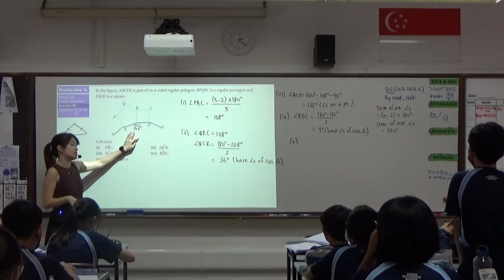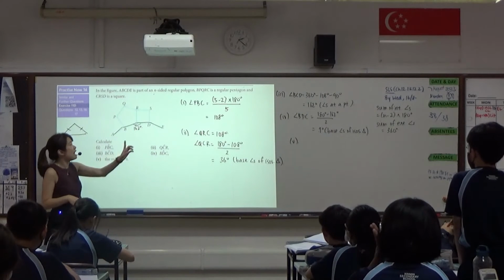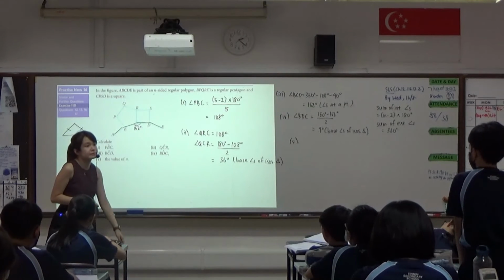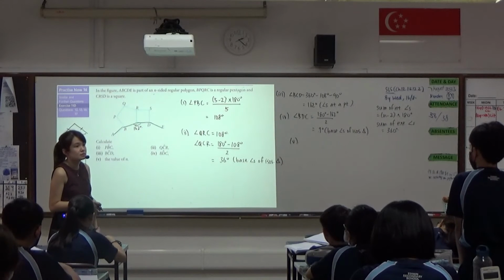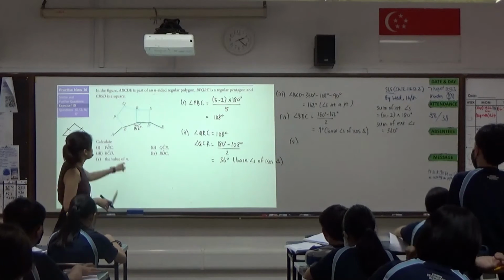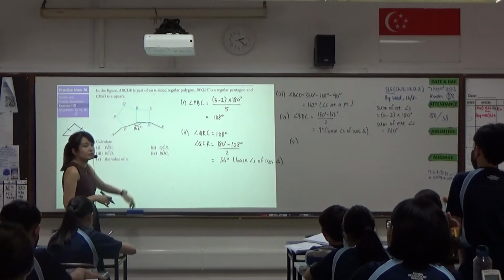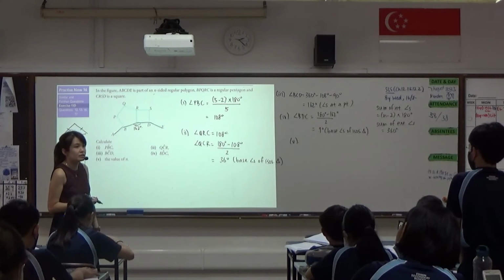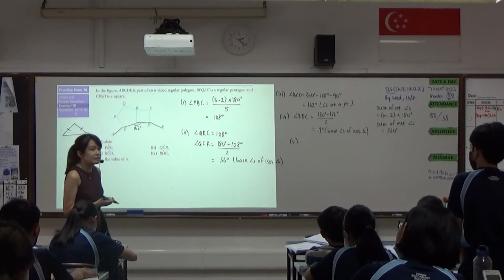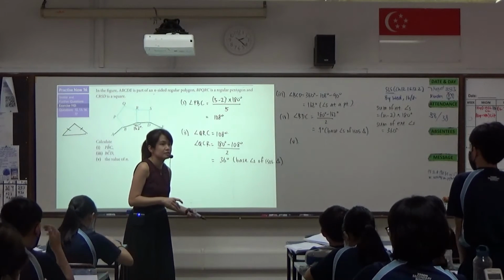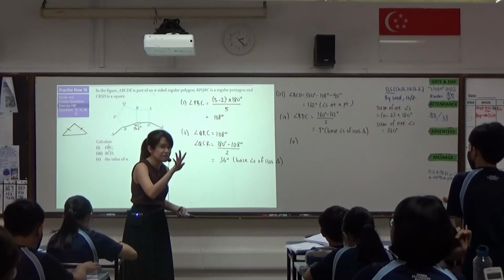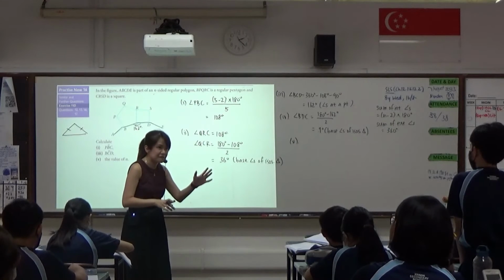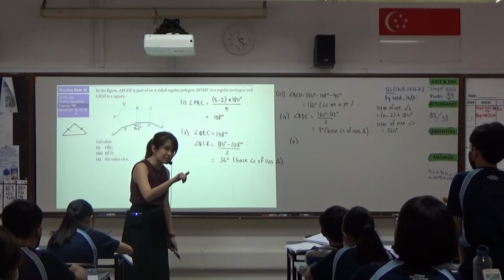If there are 5 sides, how many interior angles are there? If there are 4 sides, there are 4 interior angles. 5 sides, 5 interior angles. 6 sides, 6 interior angles.